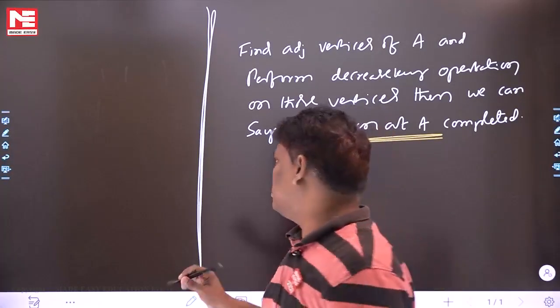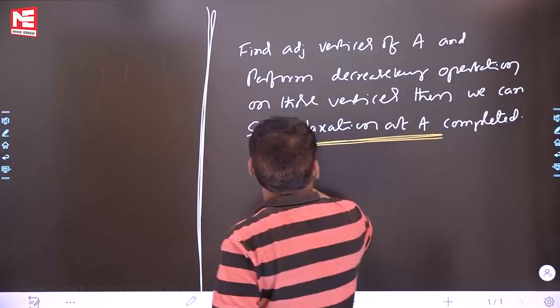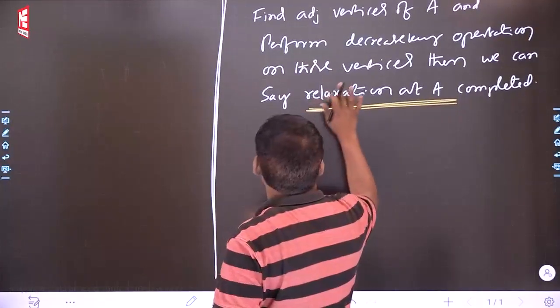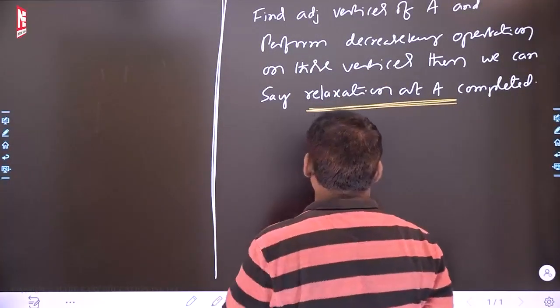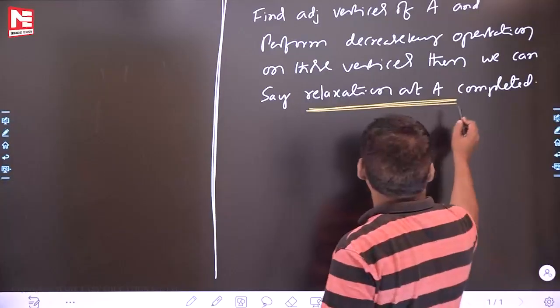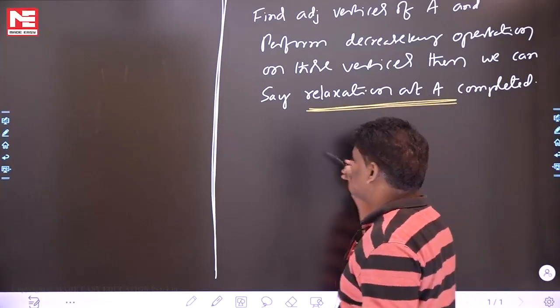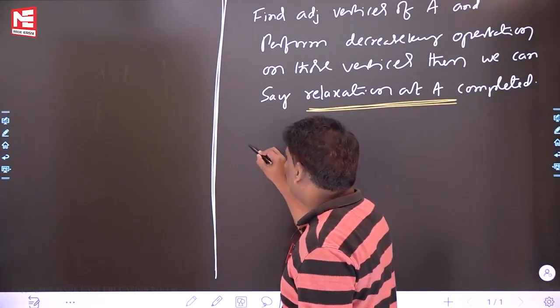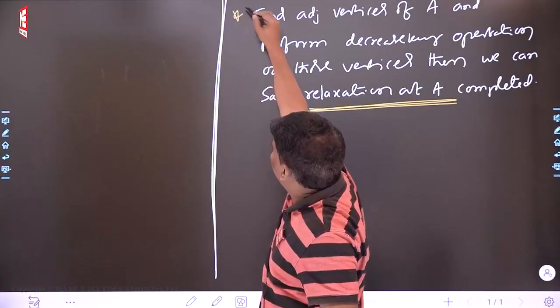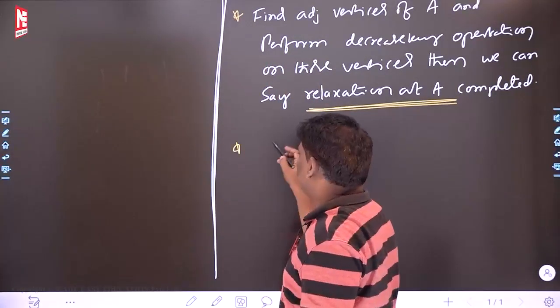Are you okay with that? If you are okay, please listen. I am thinking that you are a little bit comfortable. This line: relaxation at A is completed. That is fine. See the next one, one more point.